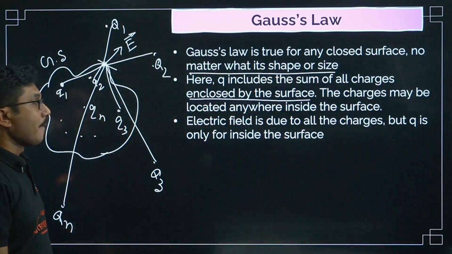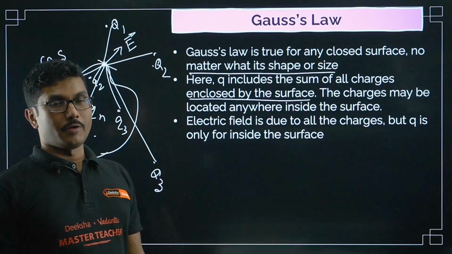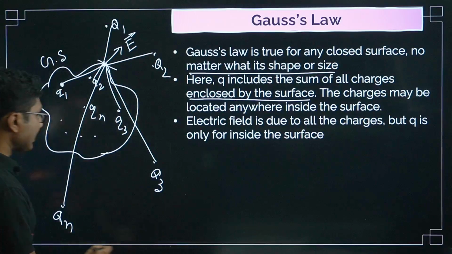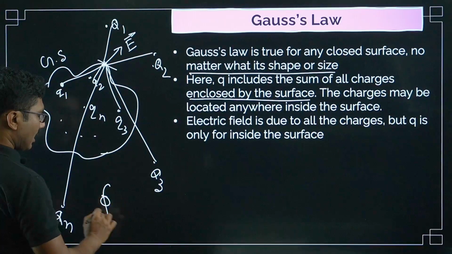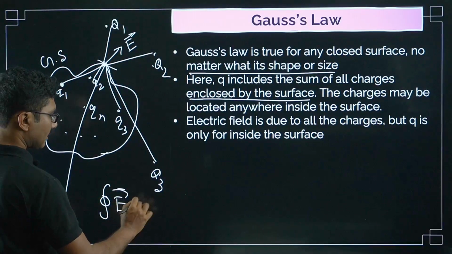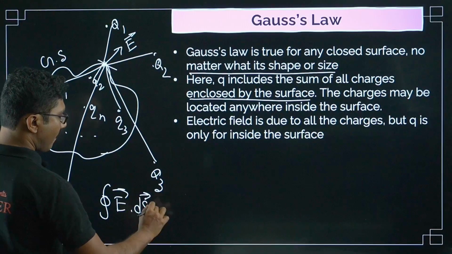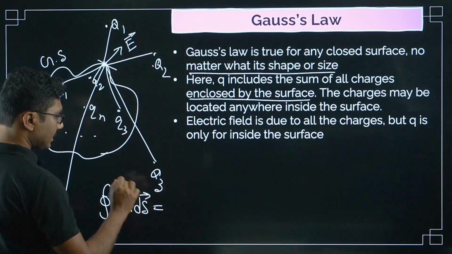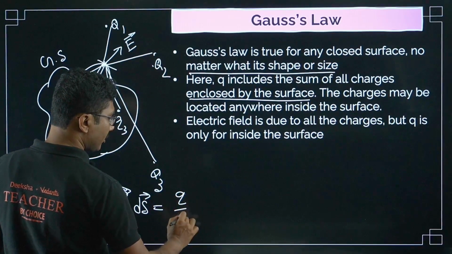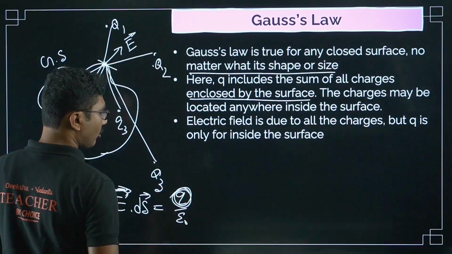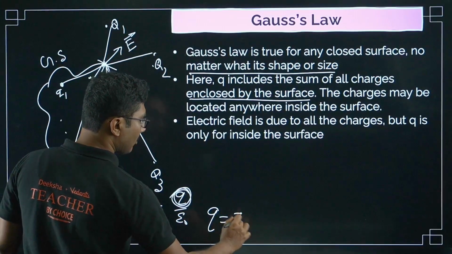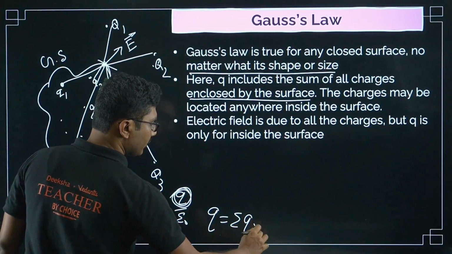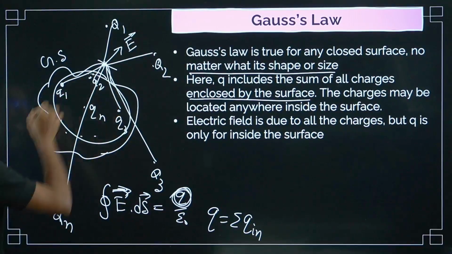But in Gauss's law, as soon as we write the integral of E dot dS equals Q by epsilon naught, this Q is only the sum of small q's, that is, whatever charges are inside.